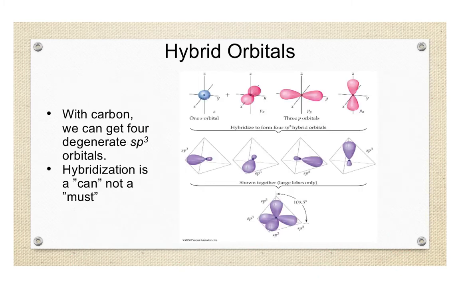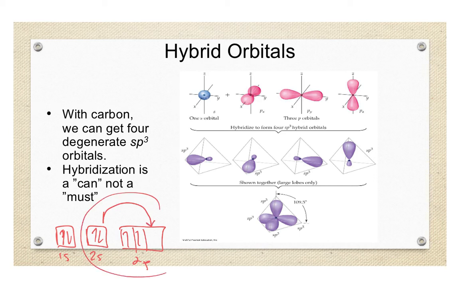Right? With carbon, then, going up one more. So carbon is 1s2, 2s2, 2p2. So now if we give one of these electrons in the 2s just a little bit of energy, we can pop it up to that orbital there and then hybridize these together, giving us an electron orbital diagram that looks something like this.